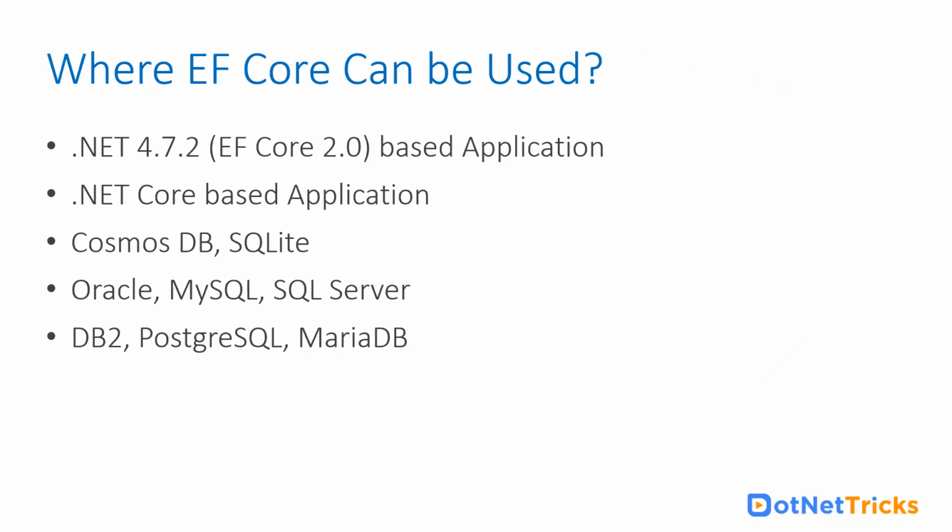Cosmos DB and SQLite are the ones we can use as NoSQL-style databases, and we have the RDBMS like Oracle, MySQL, SQL Server, DB2, PostgreSQL, MariaDB. So these are the RDBMS where it can be used.